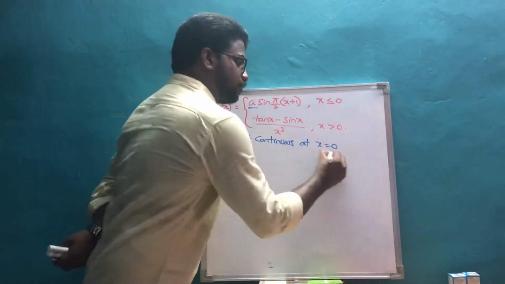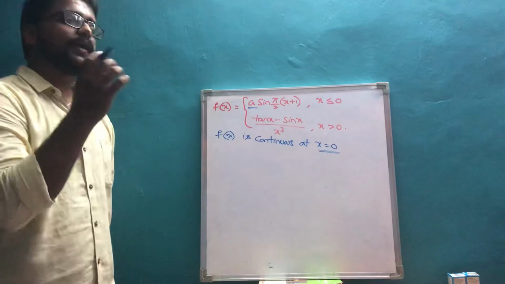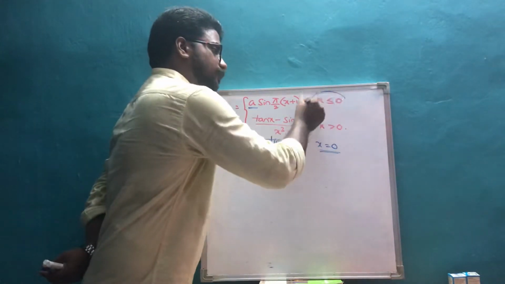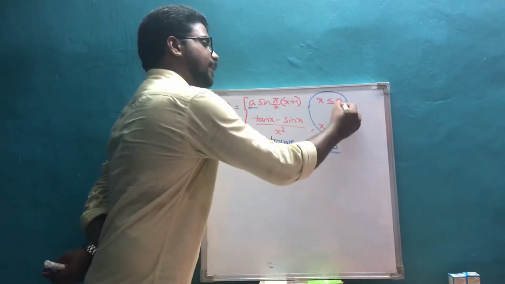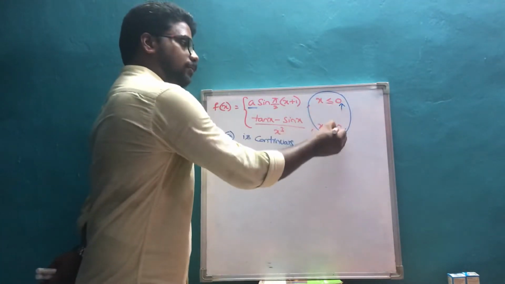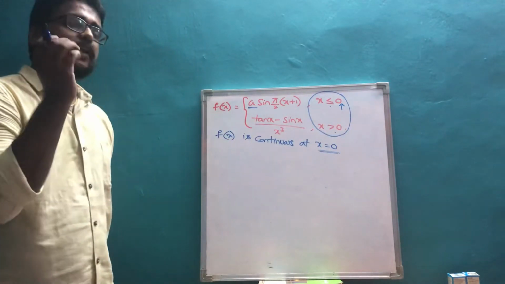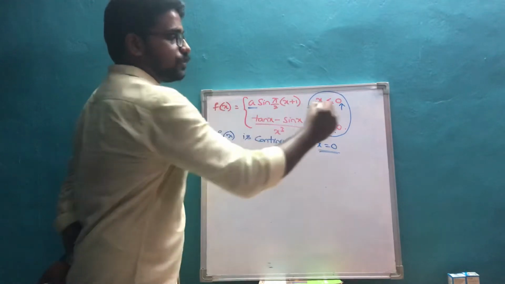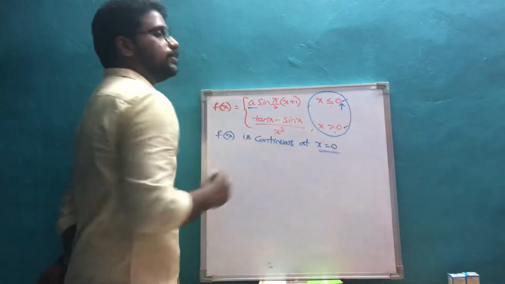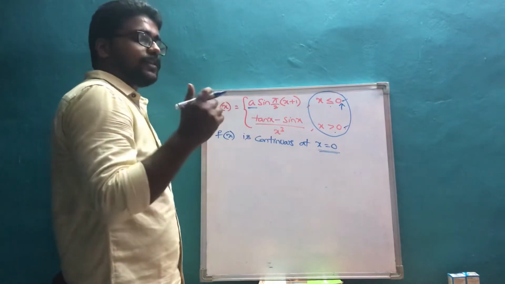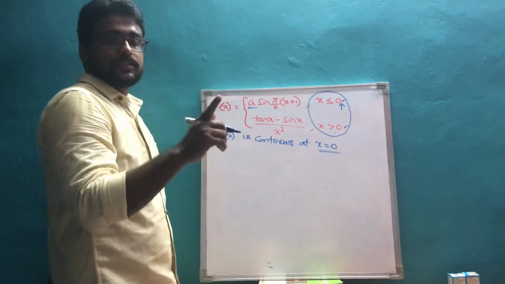What is the reason for them to say only at x is equal to 0? Because for the simple reason, the function is defined at the point 0. If you observe these less than or equal and greater than symbols, they give you information at what point the function is defined. You can observe here, this is defined at 0. So, as I told you, the first thing is to identify where the function is defined.